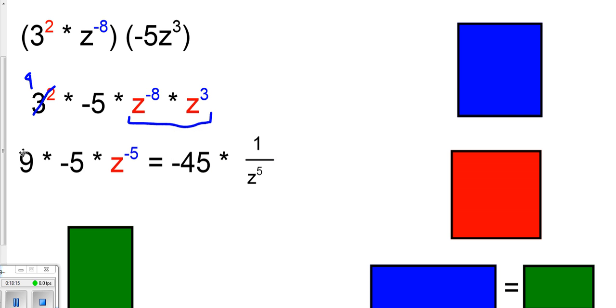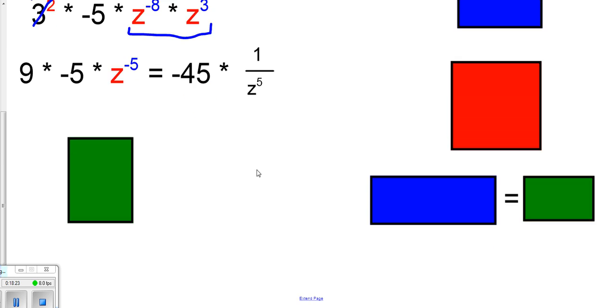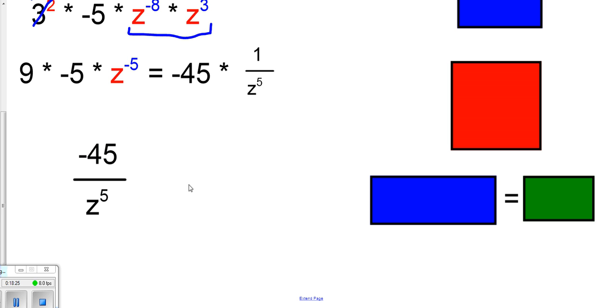From there, we have 9 times negative 5 is negative 45 times 1 over z to the 5th. Because this was a negative power, it's 1 over that amount. So our final answer is negative 45 over z to the 5th. Again, if it helps, do this. Negative 45 over 1, so that when you multiply, you just go right across.